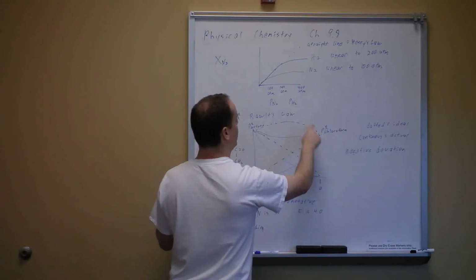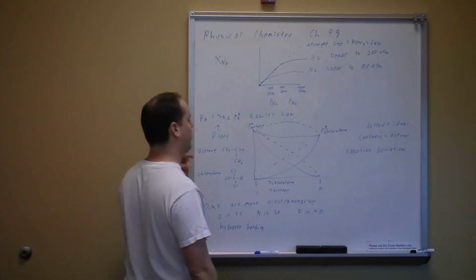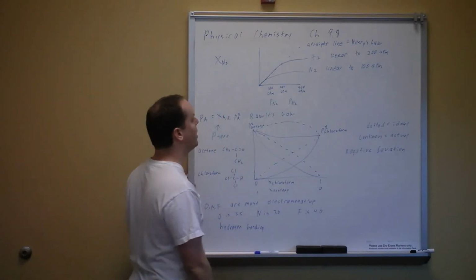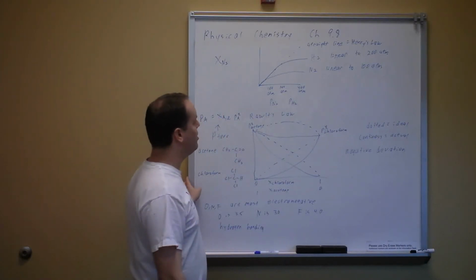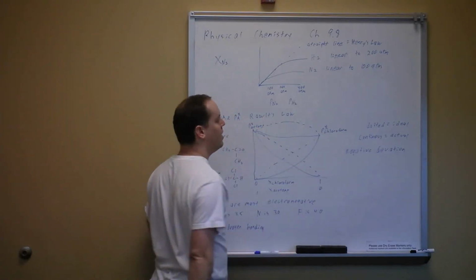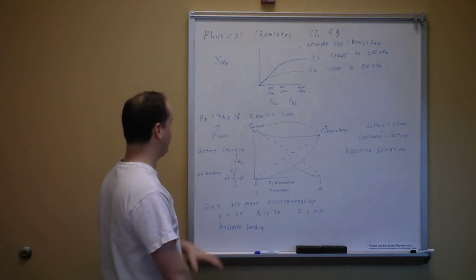Together, you get this straight line. That's the dotted line, that's the ideal. The continuous line, as you can see, curves down instead. This is called negative deviation.